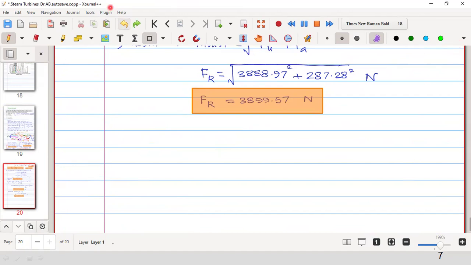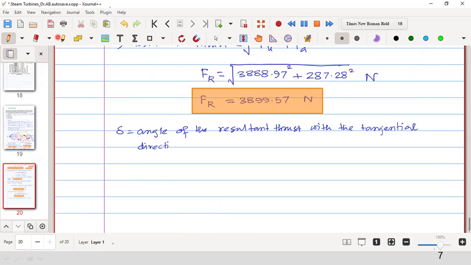So the angle delta is the angle of the resultant thrust with the tangential direction, which is equal to tan inverse of FA divided by FU.